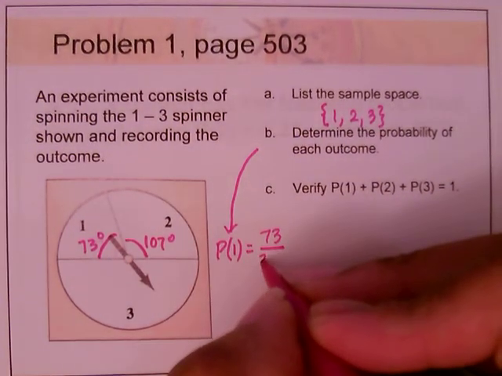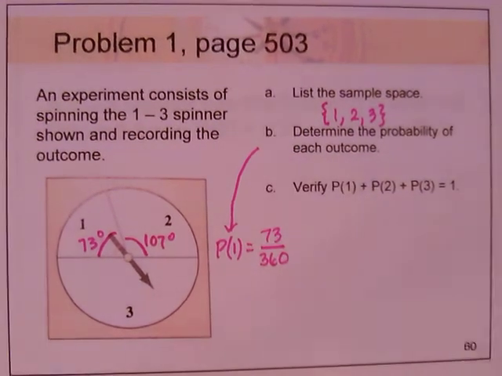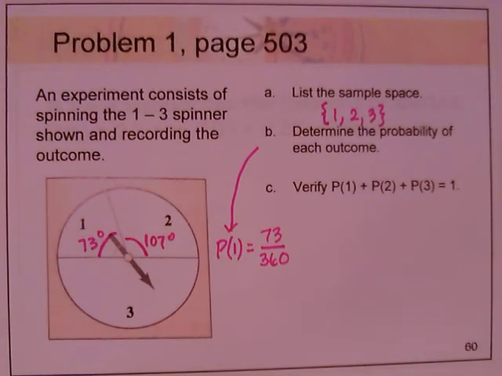Okay, I don't know if you learned this in one of the chapters that deal with geometry, but in a circle, the degree measure is always going to be 360 degrees. So it'd be 73 over 360 for the probability of spinning a 1.